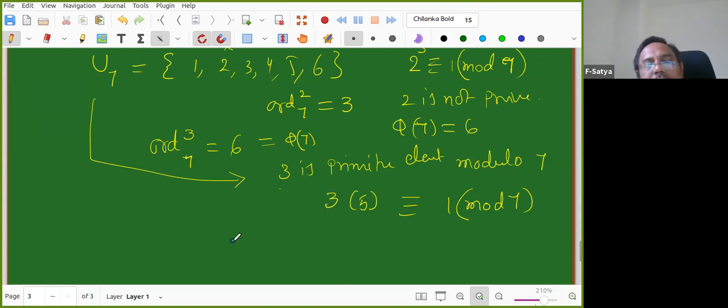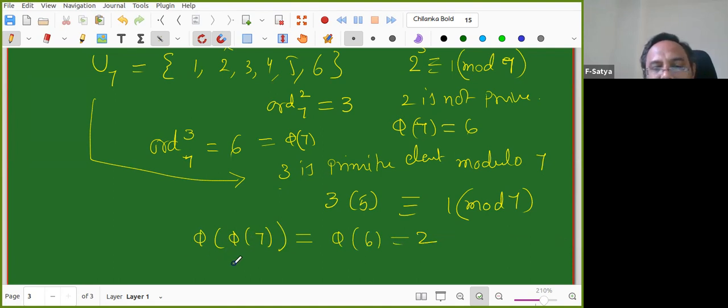Why? Because the number of primitive roots, this also I will prove later. Those who have a group theory course know that the number of generators is phi of the order of the group. So it is phi of 6, which is equal to 2.